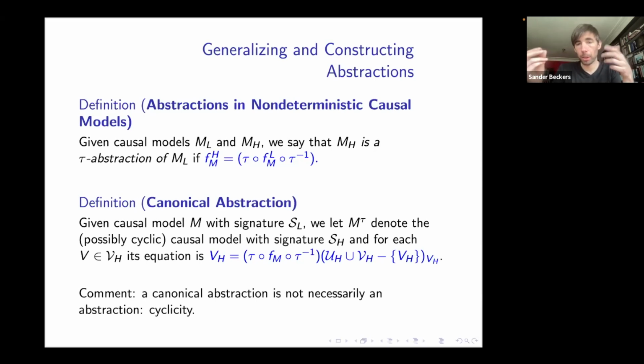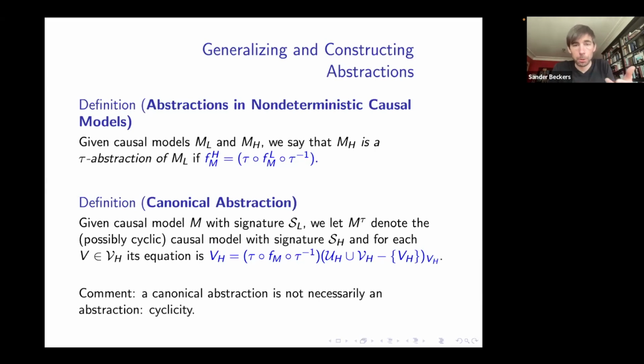Namely, the domain consists of all the high-level exogenous variables and all the high-level endogenous variables except for VH. Simply by specifying that that's the domain, this function, high-level FHM, is going to behave in the right manner. Now, this is all going to rely on the fact that FM is acyclic.